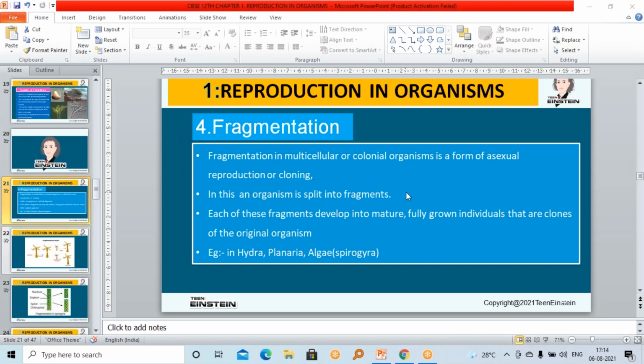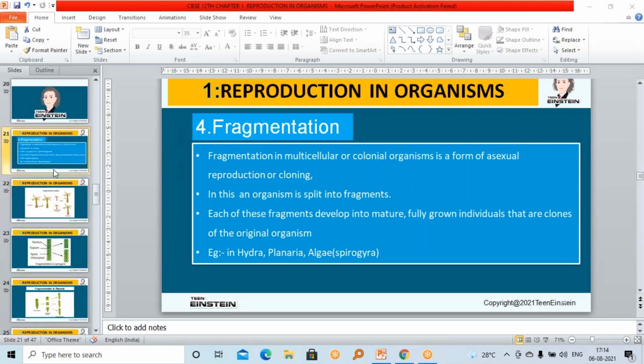In this, what is happening? An organism splits into fragments, and each of these fragments will develop into a separate individual. It will mature, grow up completely, and form a separate individual.